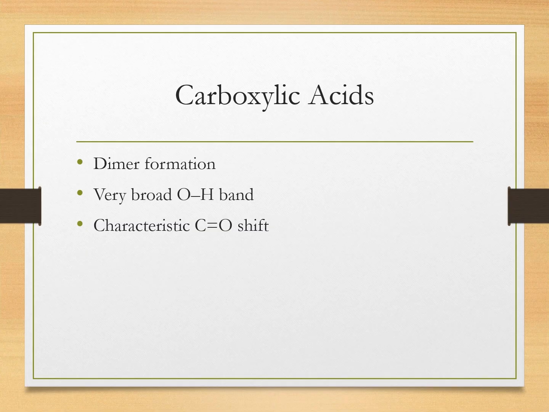Carboxylic acids form cyclic dimers through very strong hydrogen bonding. As a result, the OH stretch becomes extremely broad, sometimes spanning from 2500 to 3300 per centimeter.